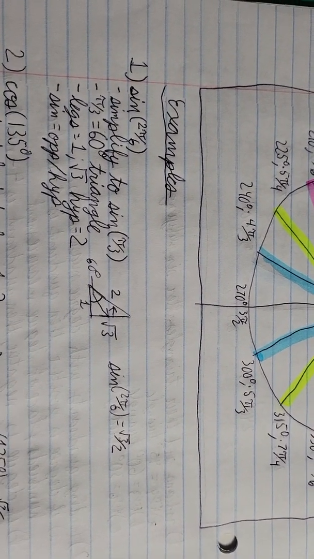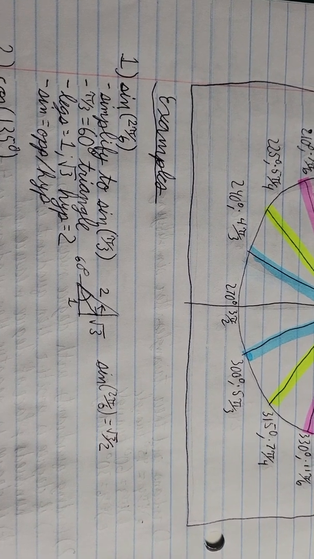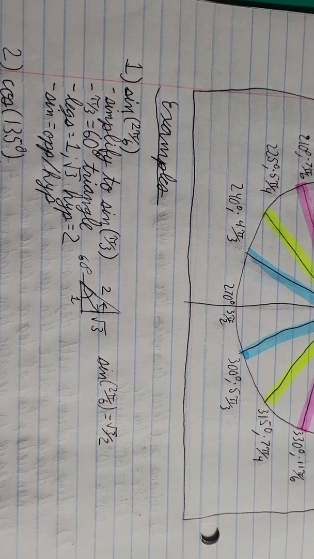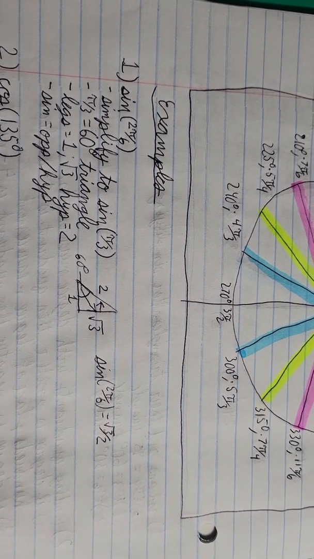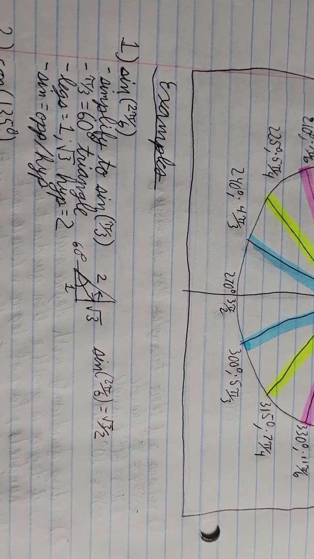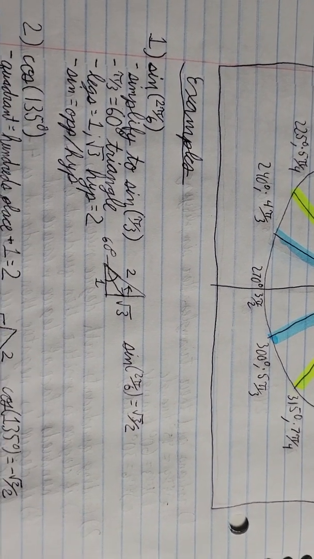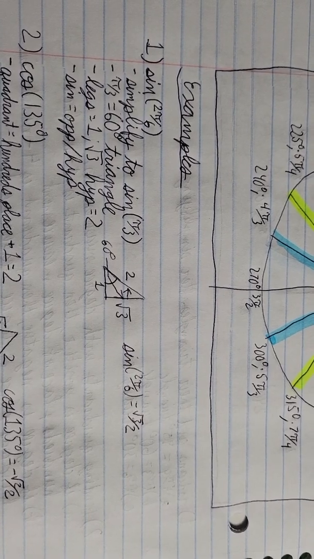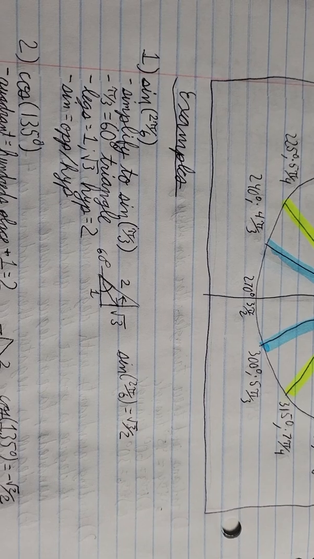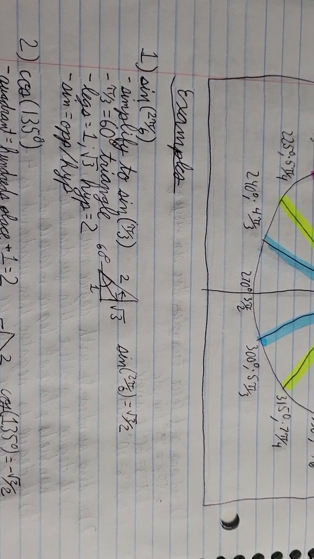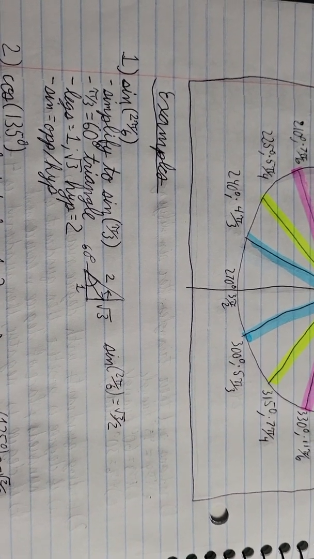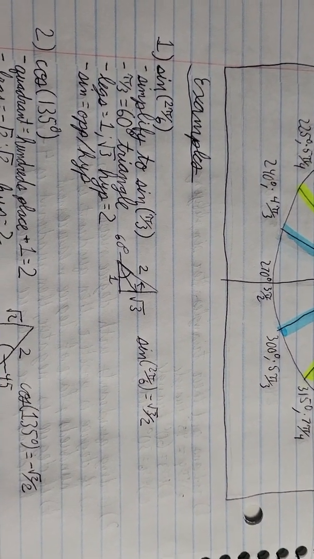The next one is going to be cosine of 135, and this is going to show finding the quadrant quicker via degree measurement. So because it's 135, we do the hundreds place, which is 1, plus 1, which gives us quadrant 2, which means our triangle will look like that.